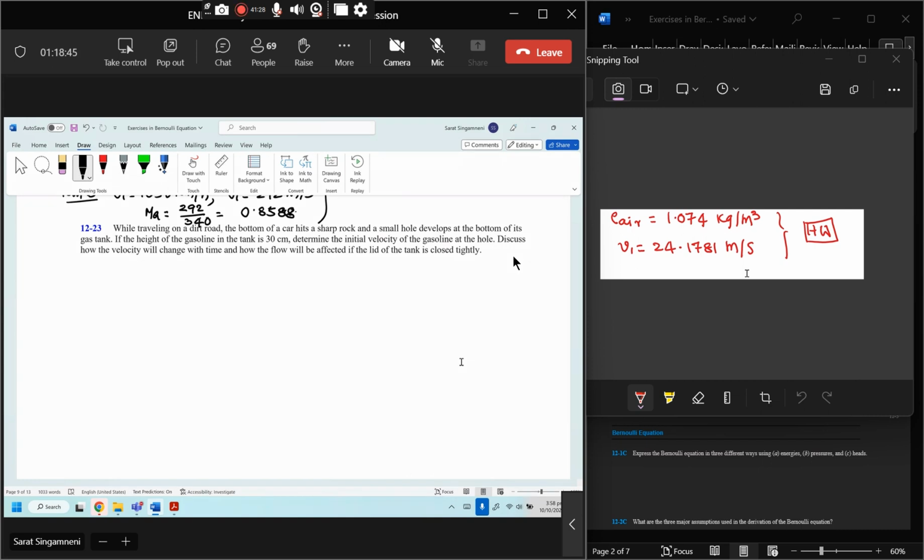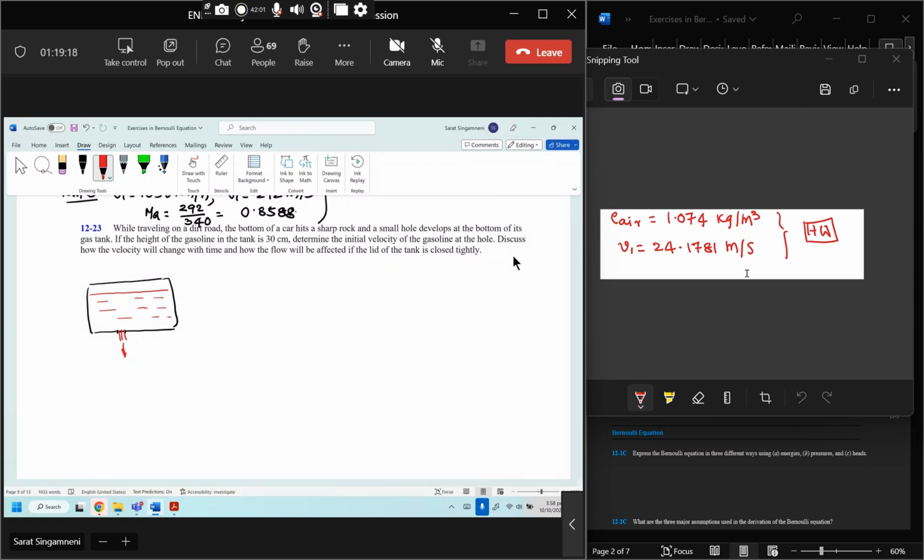So say that is the tank of gasoline, and this is the gasoline inside, and you are creating a small hole here for whatever reason, and then the gasoline starts leaking out like this.